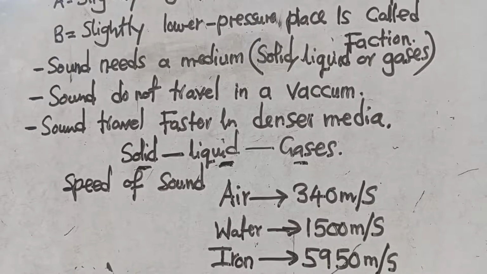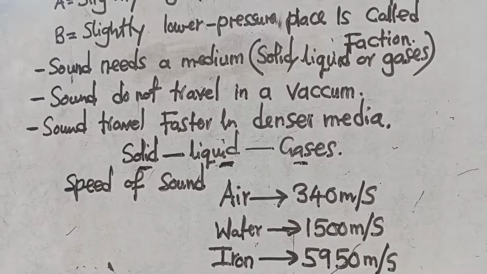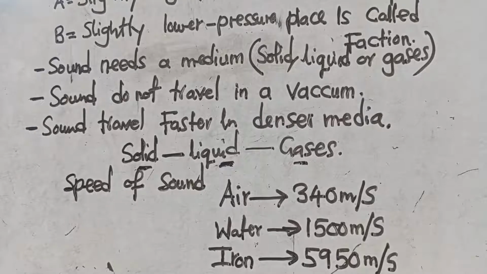This is what you are supposed to know. These are certain pieces of information that you have to know. So let's make sure that we are able to know these things.